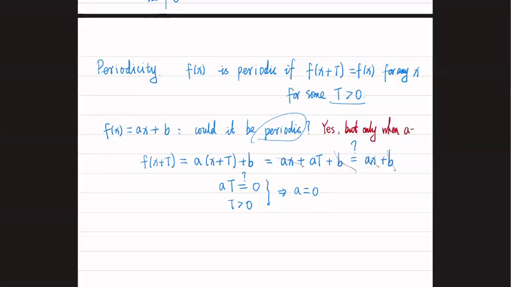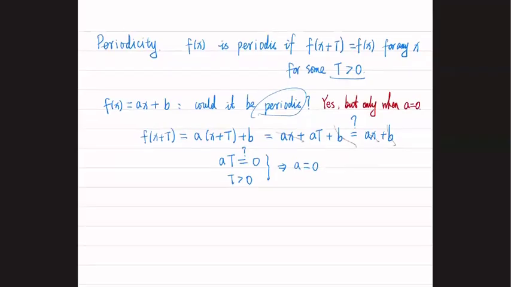Couldn't you just say all real numbers in that case? Well, this will be a constant function: f of x equals b.